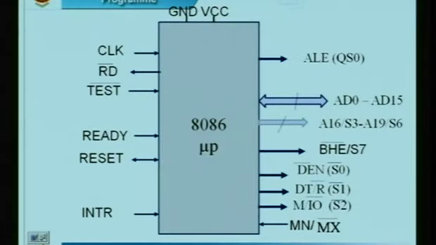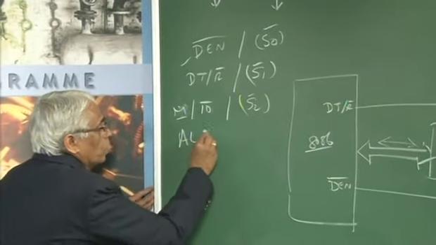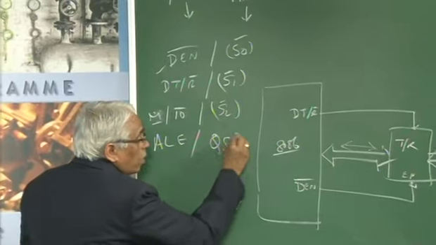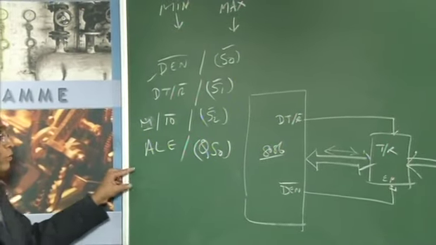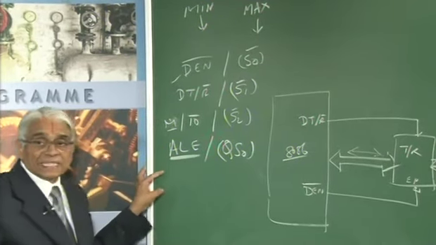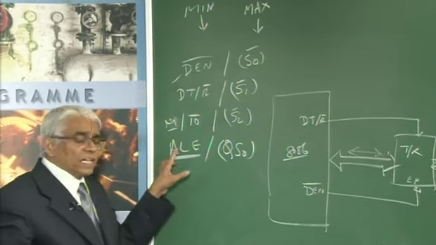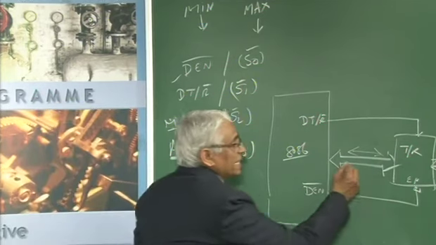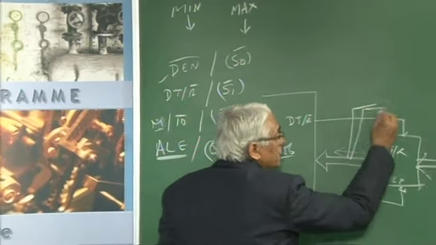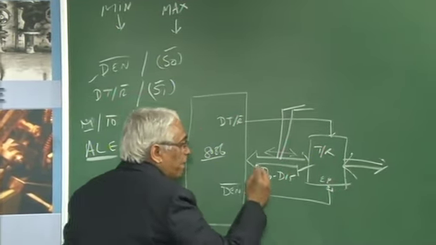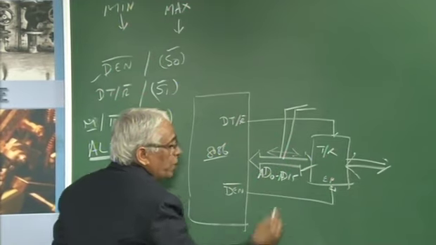We have a signal called ALE, which shares its pin with another signal called QS0. The same pin is used for both purposes. When it is in the minimum mode, it is used as the address latch enable signal. I mentioned this signal quite some time back: we have an address data bus, D0 to D15, which is multiplexed as AD0 to AD15.